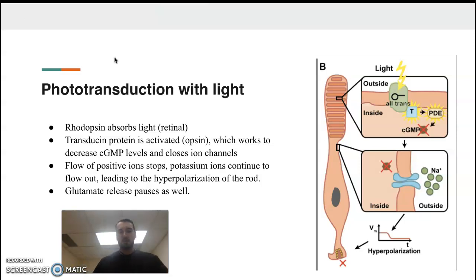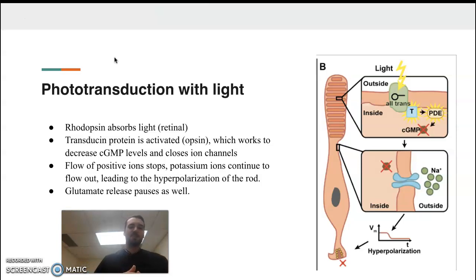And so the cGMP, the cyclic guanosine monophosphate, in the dark phase, was important because it allowed ion channels to remain open, which allowed the depolarization to continue. But when we have this phosphodiesterase activated, the cGMP levels go down, and that closes the important ion channels, so sodium can no longer flow in.